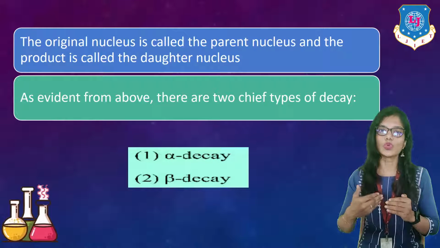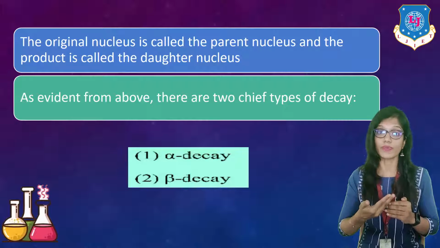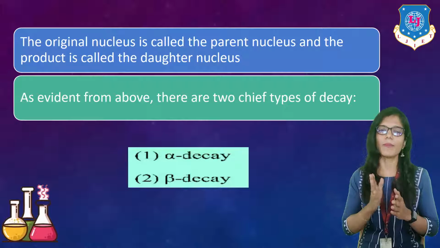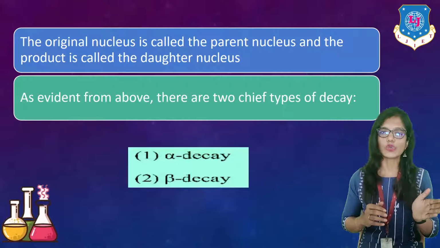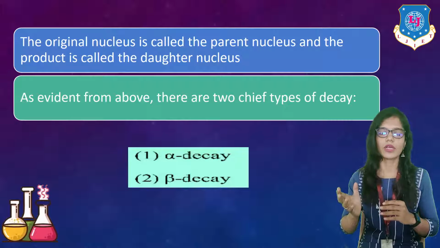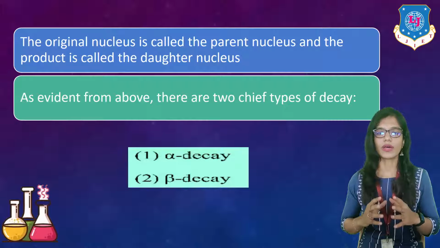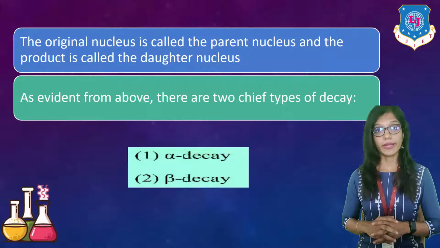That parent nucleus loses some of its electrons, protons or neutrons, or it can also gain, and convert itself into the daughter nucleus, that means a product nucleus. The first one is the substrate, and it shows radioactivity and gives you the daughter nucleus. As evident from above, there are two chief types of decay: number one, alpha decay, and number two, beta decay.